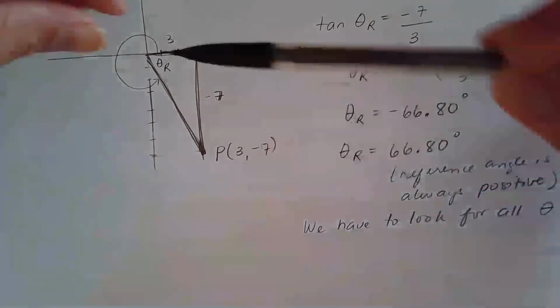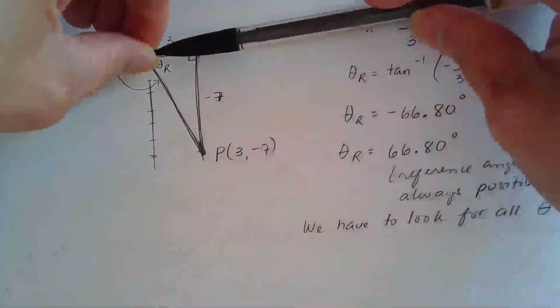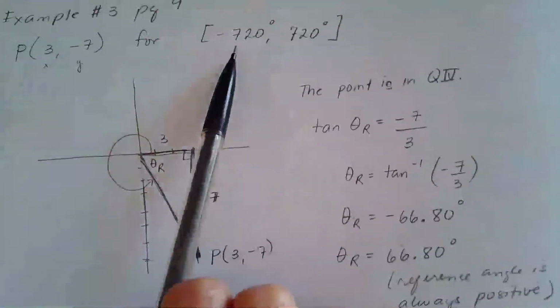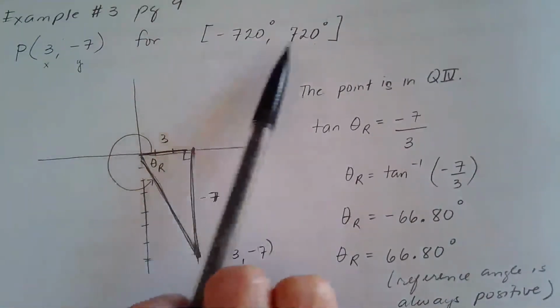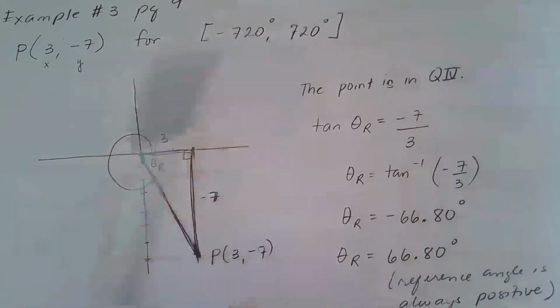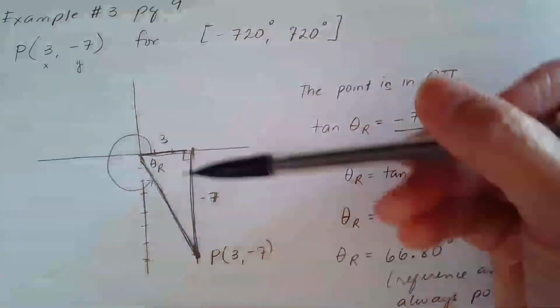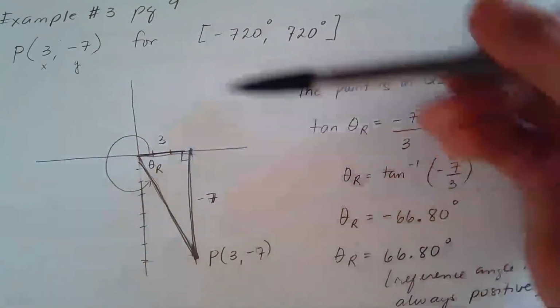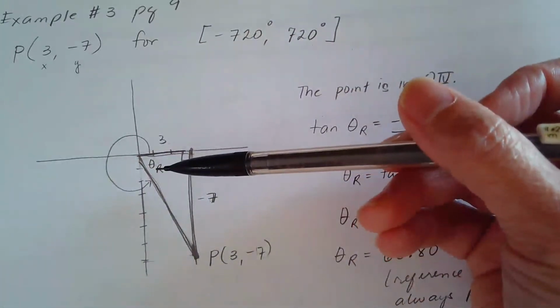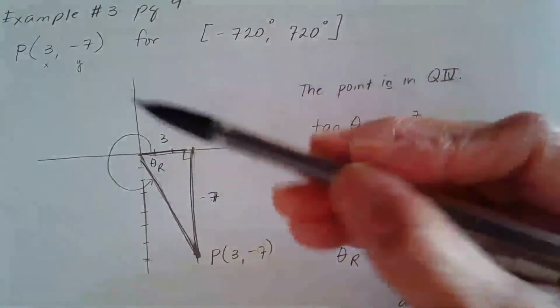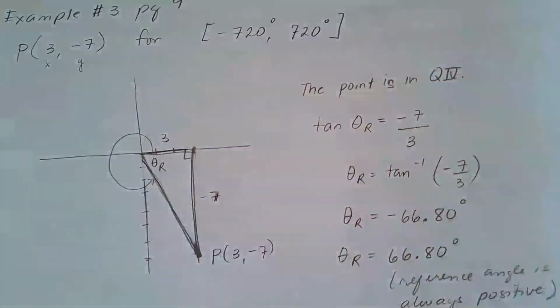So if I go this way, taking a look at this part in here, 720 degrees. That's rotating once, that's 360, and then rotating 2 times is another 360, so 720 degrees is 2 rotations.